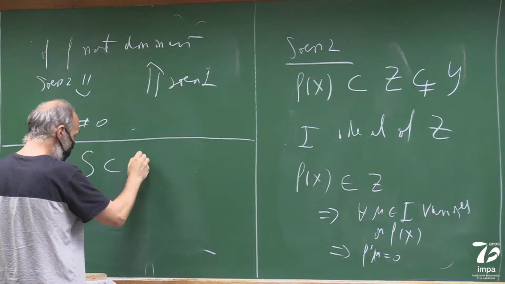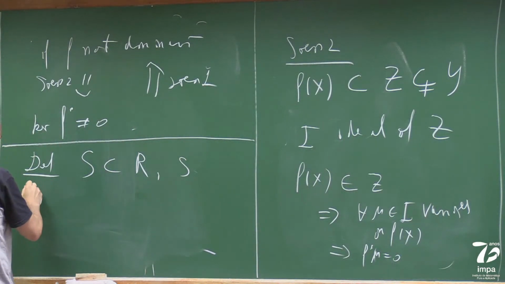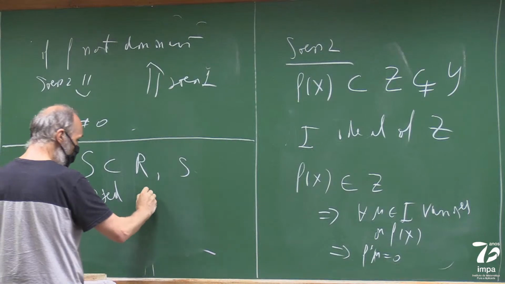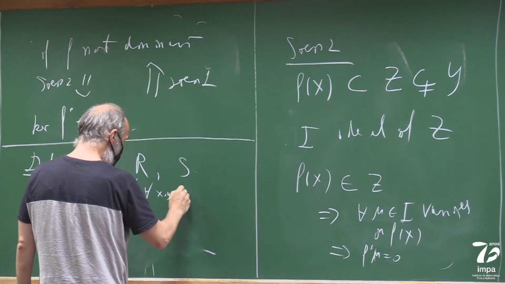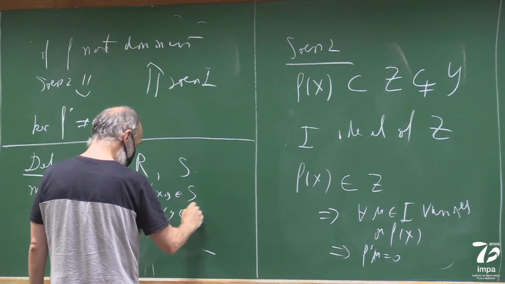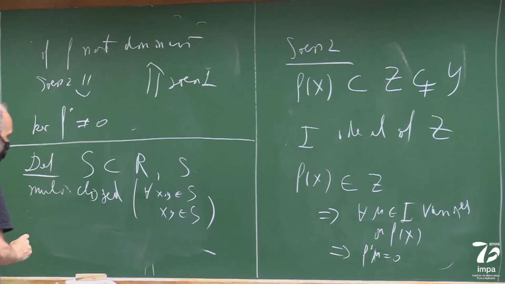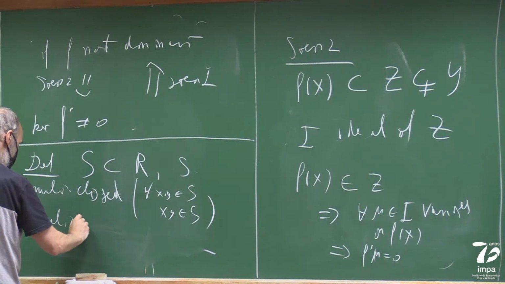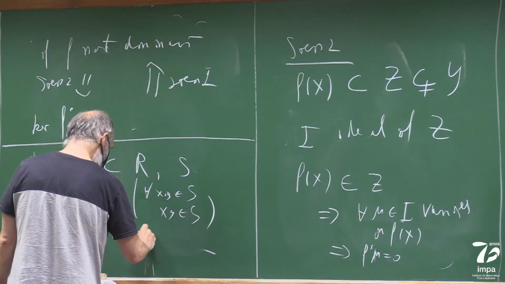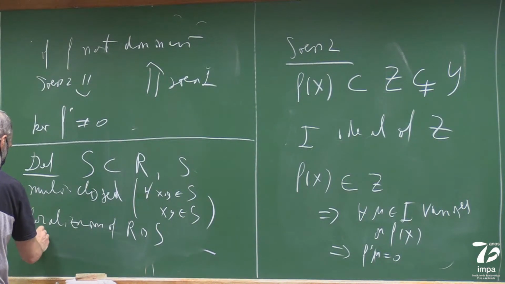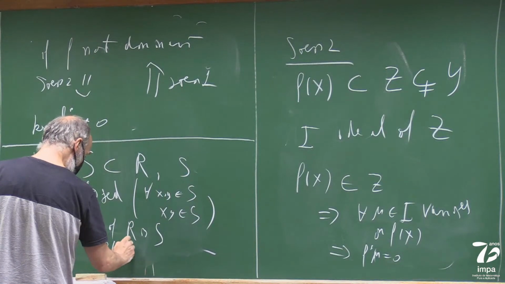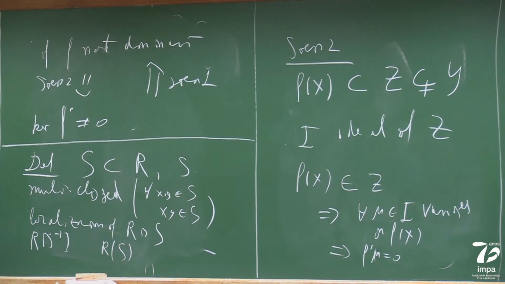Suppose you have S inside R. S is multiplicatively closed, which means that for all x and y inside S, xy belongs to S. And we can define the localization of R in S, which is sometimes denoted R of S minus 1, and sometimes denoted by R, and then you have S in square brackets.